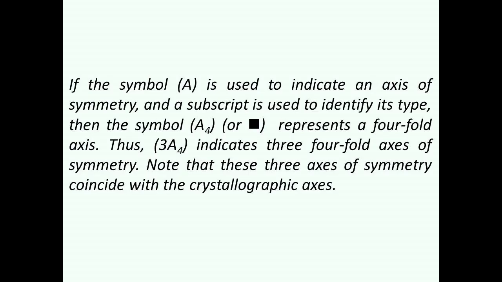If the symbol A is used to indicate an axis of symmetry and a subscript is used to identify its type, then the symbol A sub 4 represents a 4-fold axis. Thus, 3A sub 4 indicates 3 4-fold axes of symmetry. Note that these 3 axes of symmetry coincide with the crystallographic axis.